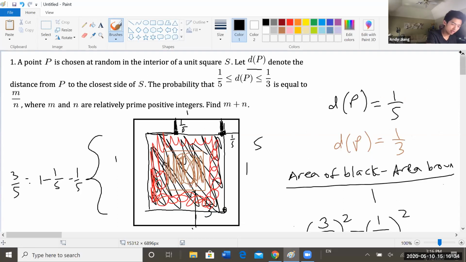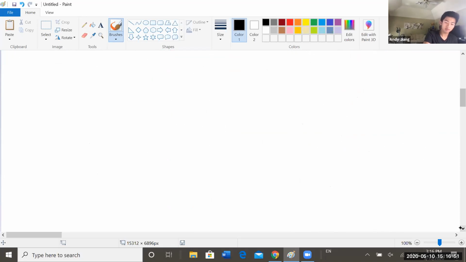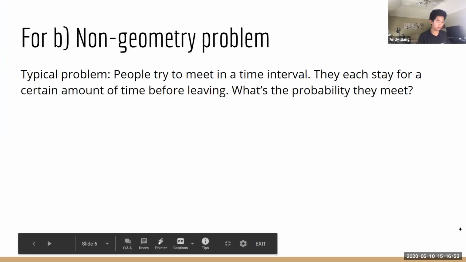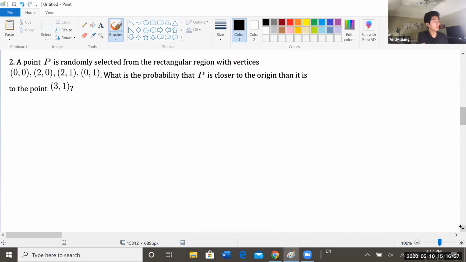Okay, so this is an example of type A, where we know this problem is geometry straight away, and all we're doing is solving for the areas and then dividing. We'll see examples where it won't clearly be geometry, but we can convert it into a geometry problem. All right, so let's try this one. I'll give y'all 3 or 4 minutes to do it.